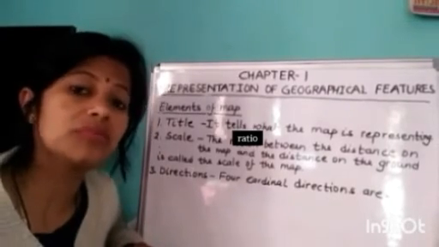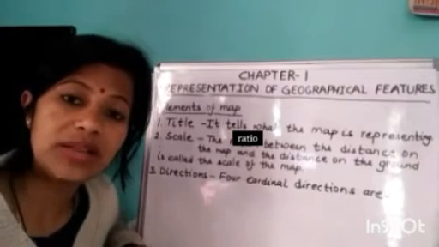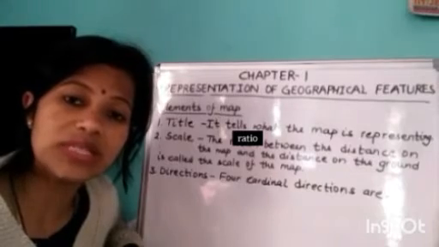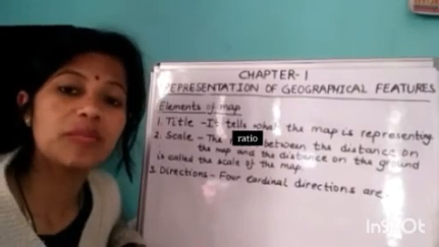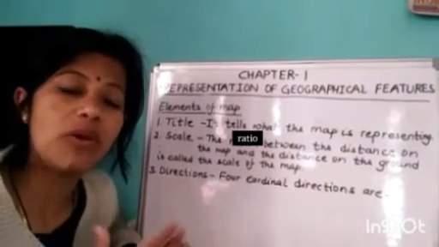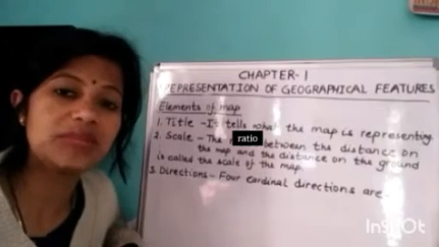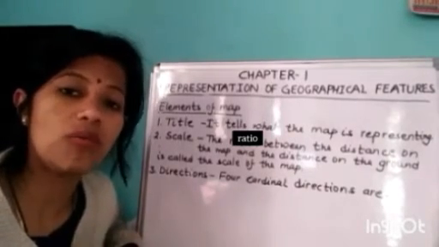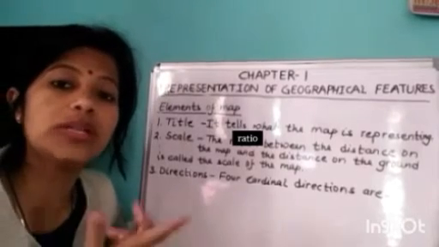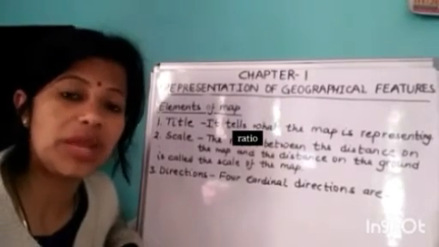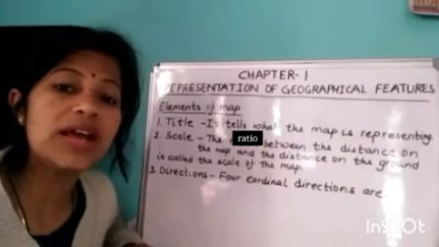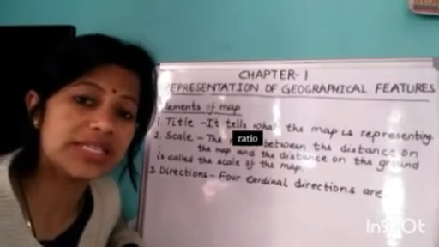It may be 100 kilometer or 10,000 kilometer. But this will be given on the map. 1 centimeter on map is equal to 100 or 1000 kilometer on ground. That is mentioned on the map. With the help of that, you will understand the actual distance.